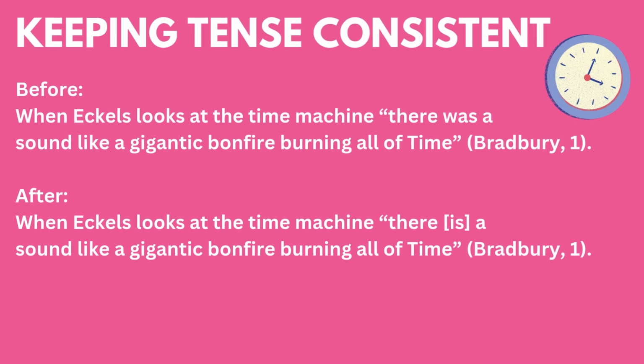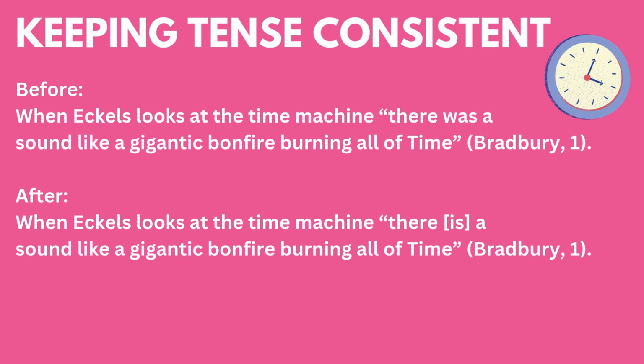Another example that we have here is from A Sound of Thunder by Ray Bradbury. I've introduced my quote: when Eccles looks at the time machine, there was a sound like a gigantic bonfire burning all of time. Again, my introduction to the quote is in present tense, but the quote itself is in past tense. We have that was there. So in order to remedy that, I'm going to use square brackets and indicate that I have exchanged that was for an is.